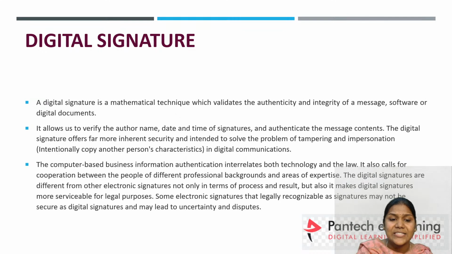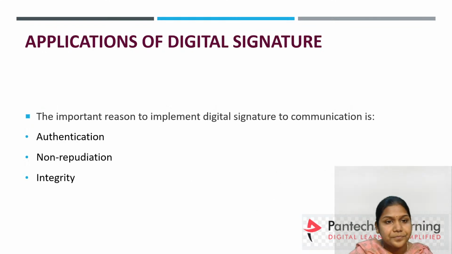Digital signatures are different from other electronic signatures, not only in terms of process and result, but also in that it makes digital signatures more serviceable for legal purposes. Some electronic signatures that are legally recognizable as signatures may not be as secure as digital signatures and may lead to uncertainty and disputes as well.